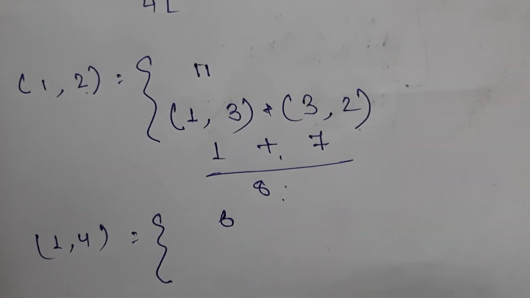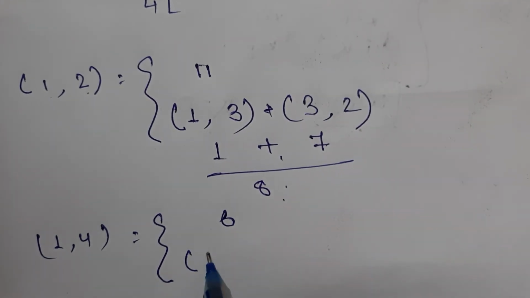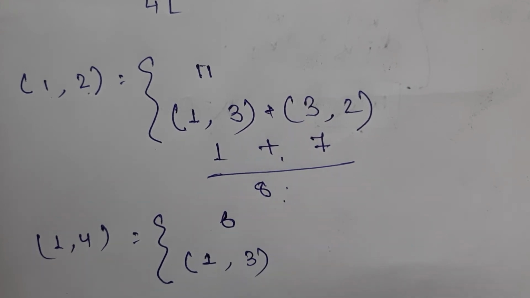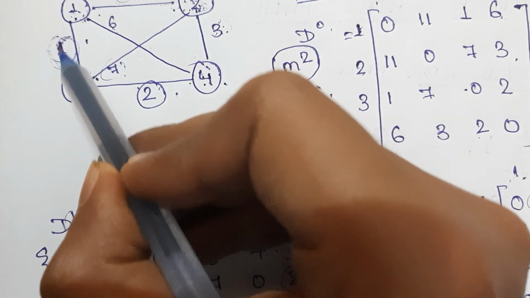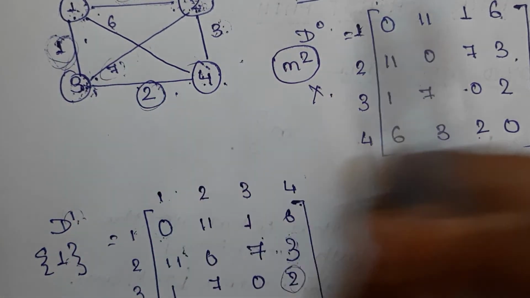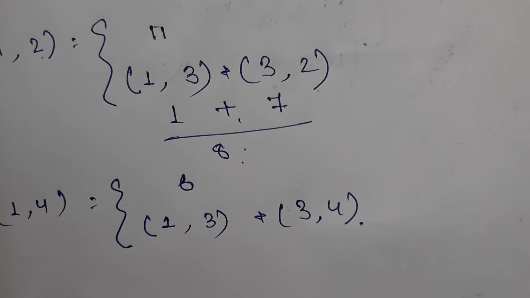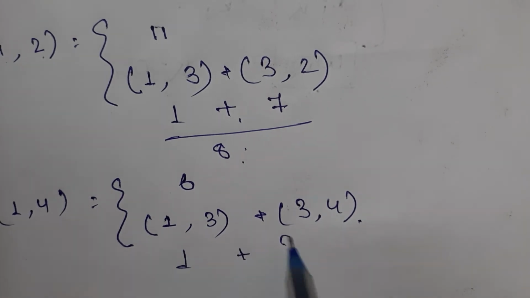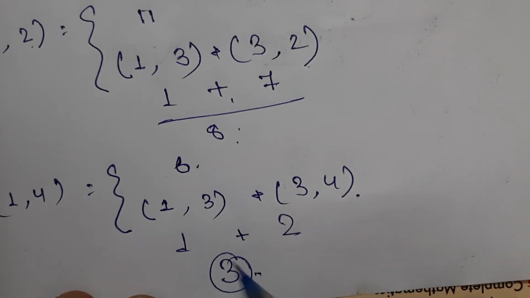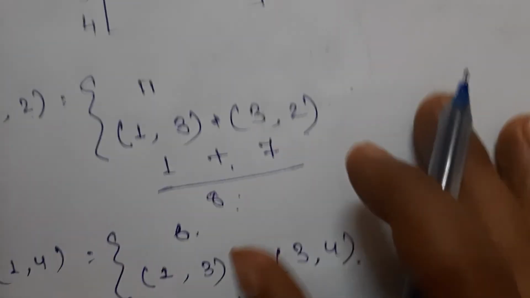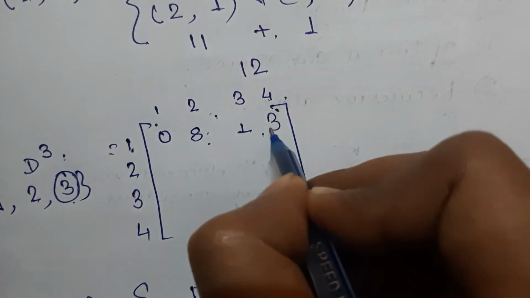Now if I take the third vertex, it's 1 to 3 and then 3 to 4. 1 to 3 is 1, and 3 to 4 is 2. What is the net weight? It's 3. Which one is the minimum among the two, 6 and 3? 3. So here there is also a change.